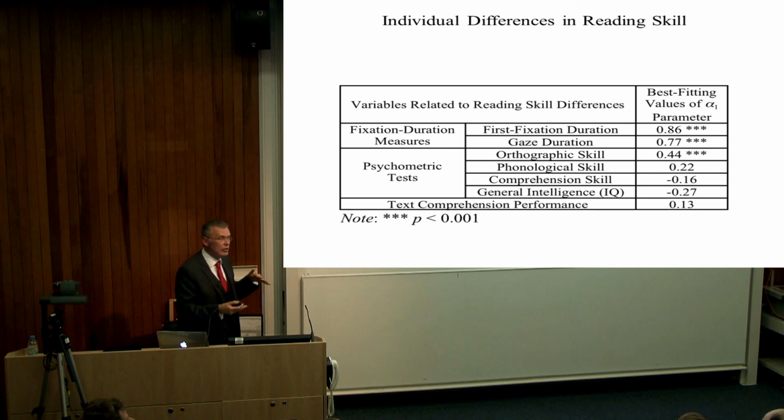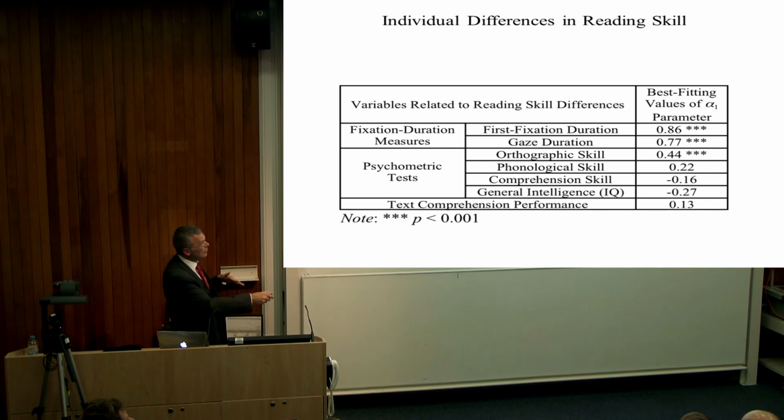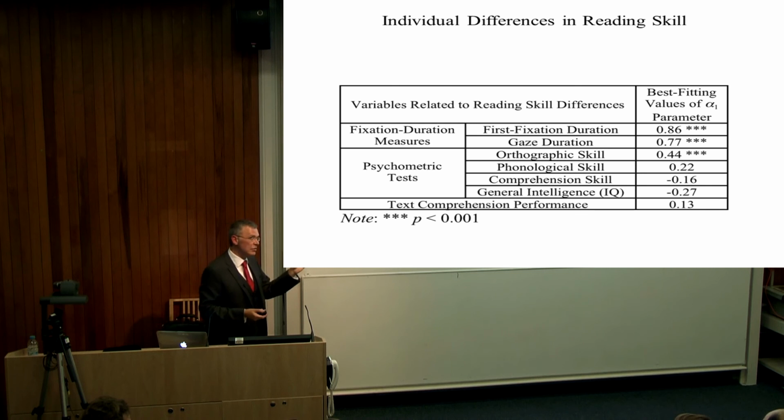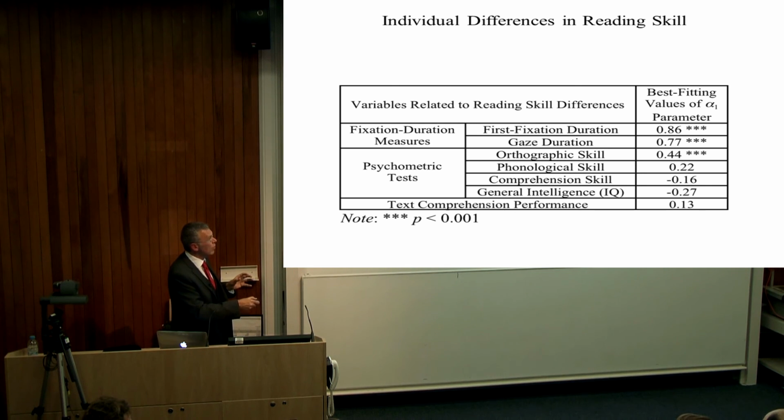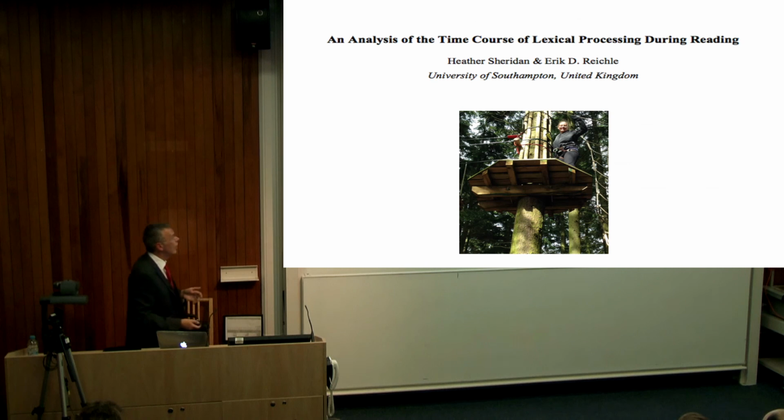And the thing that's really neat about this is that the values of this parameter, of course they correlate with the fixation duration measures, but they also correlate with the orthographic skill psychometric test. So that suggests that the familiarity check that's posited to happen in the EZ Reader model really has something to do with the processing of orthographic form, the letter forms, rather than phonology or meaning. So I think that's interesting.